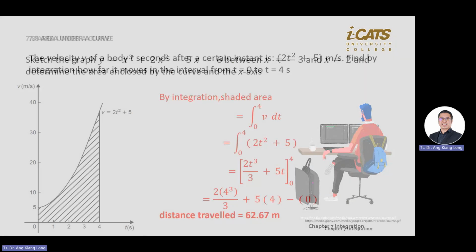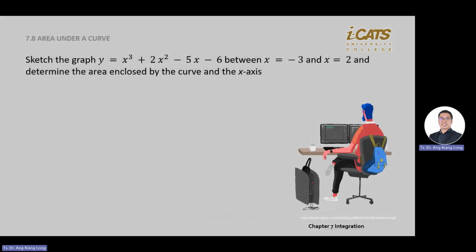Okay. This question is important. Important for your quiz. You are given a polynomial graph. So you know that the curve of the polynomial is 3x cubed plus 2x squared.